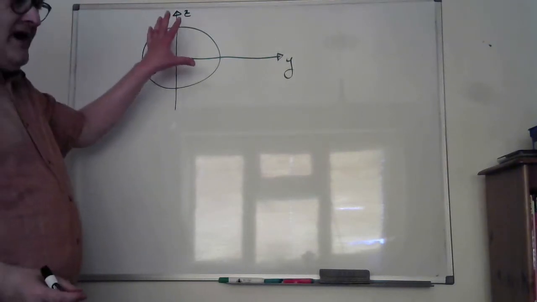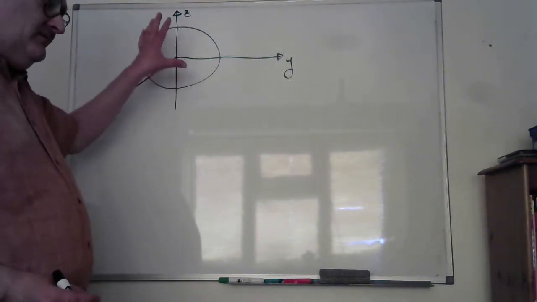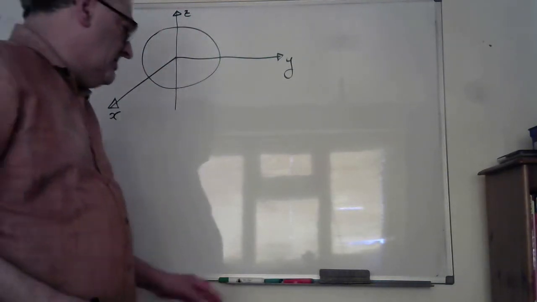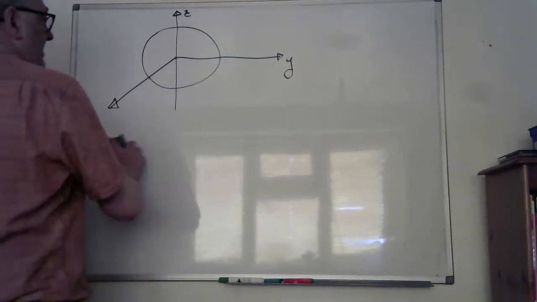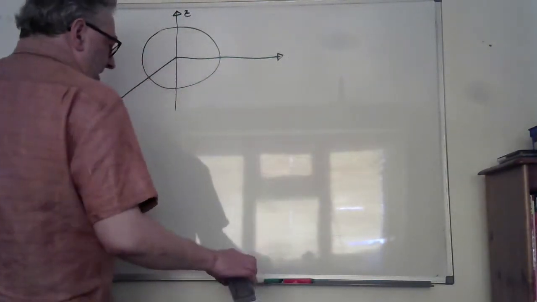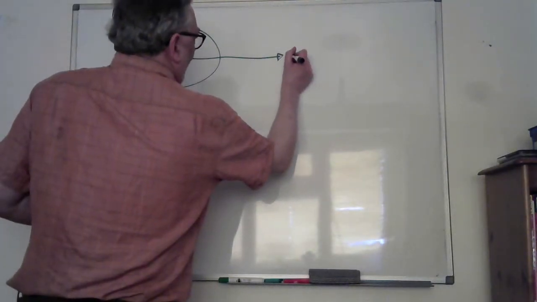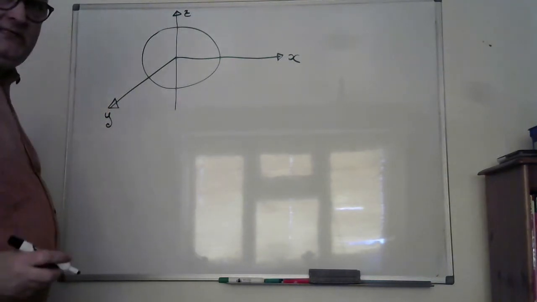You can draw that if you want, and work out what we're going to work out yourselves using this configuration. But I am going to label this axis as the x-axis and this as the y-axis.